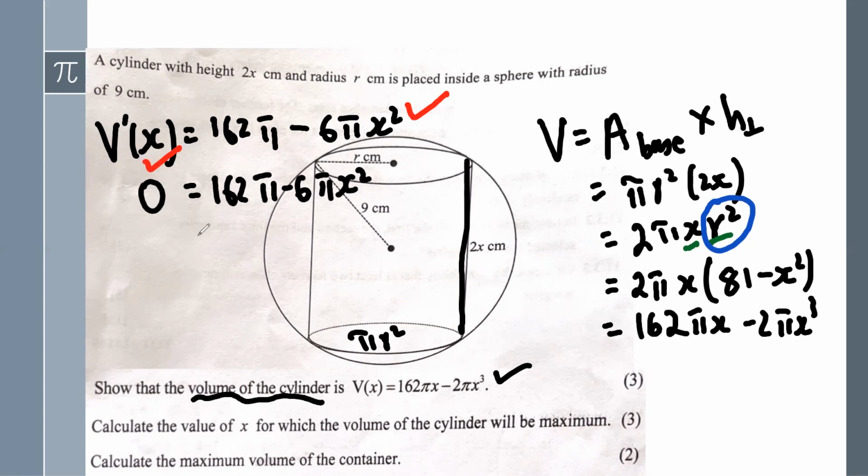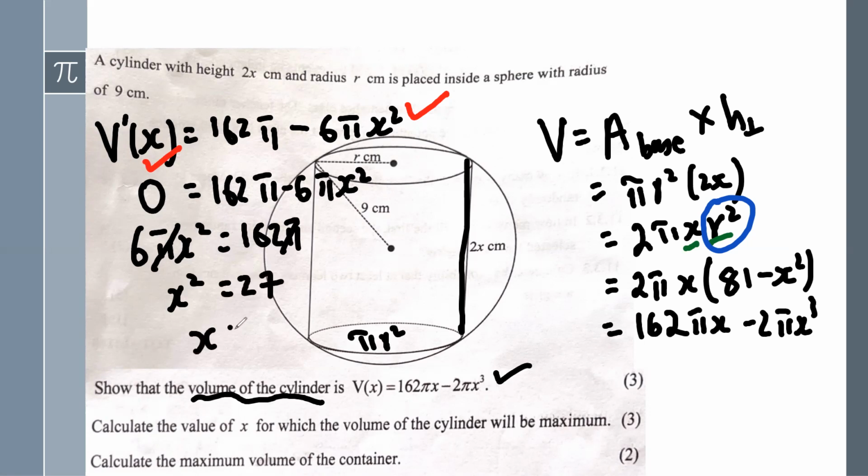Now, all we have to do now is to find the value of x. So I'll have 6 pi x squared is equal to 162 pi, and I will divide by pi both sides, and I'll divide by 6 both sides, and I will go to my calculator here. 162 divided by 6, that should give me 27, which means that x is plus minus square root of 27, which can actually be simplified to 3 square root 3, because 9 is a perfect square, right?